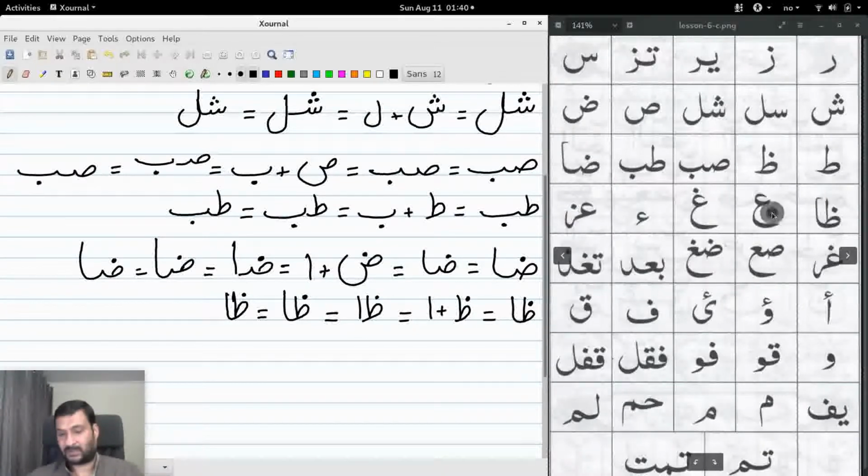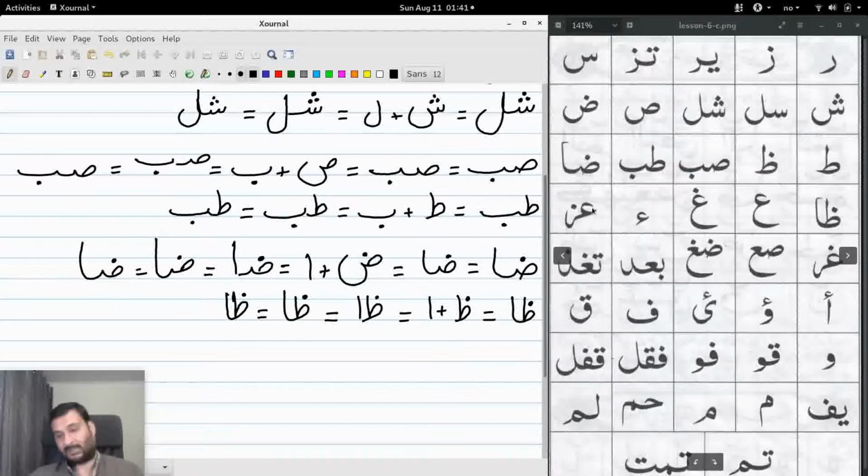Then this is ain, just an individual letter, ain. Ghain, individual letter ghain, we have covered this already. Hamza. Hamza is the sound where you give a little jerk to the sound. It's a stopping sound a little bit. So I'll explain it to you later when we move to the next lesson, which is movements.